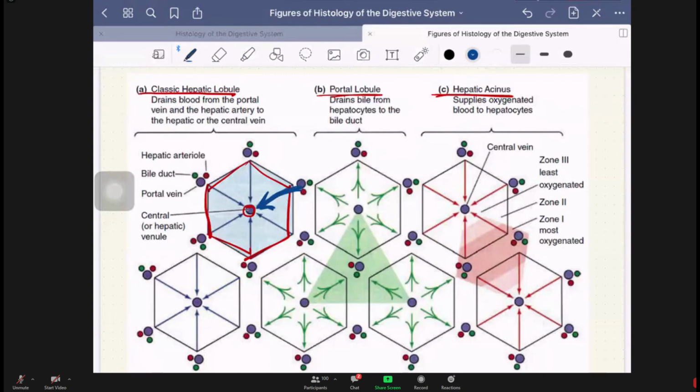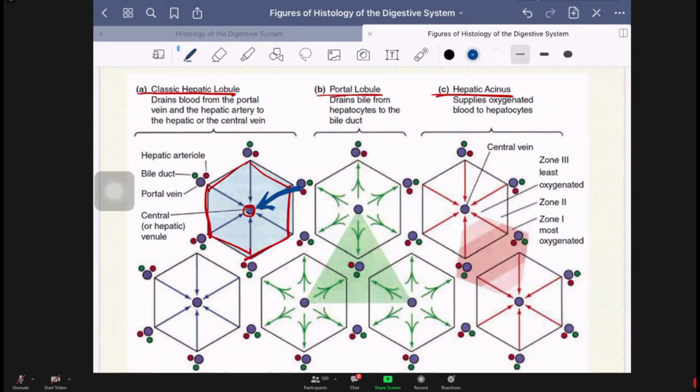Yes, because the portal vein collects the venous blood from different parts of the intestine. This blood will contain the digestive end products, and that should be dispersed to all the hepatocytes for metabolism. So this hepatic lobule serves this function.